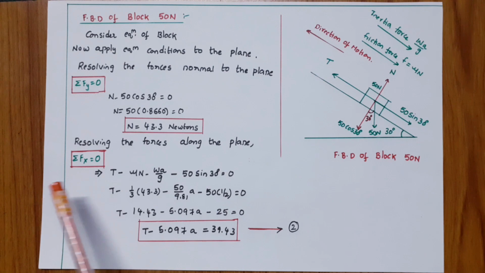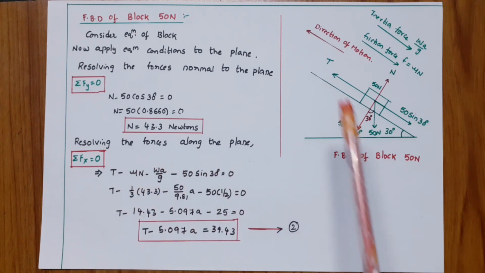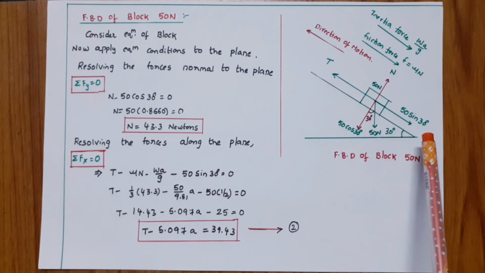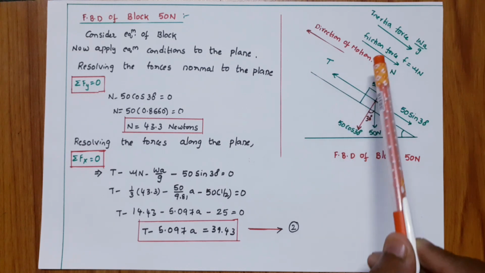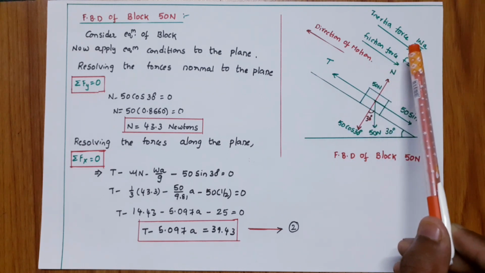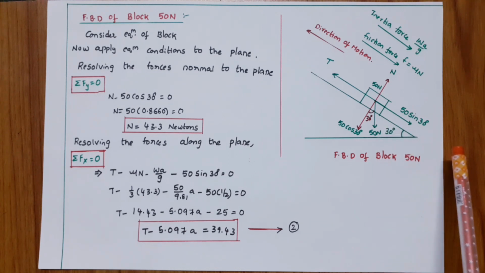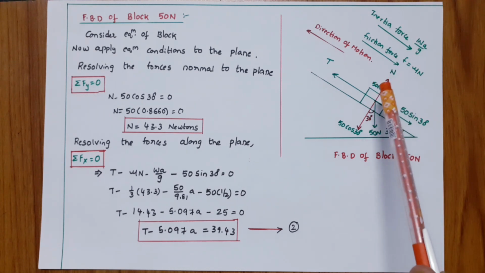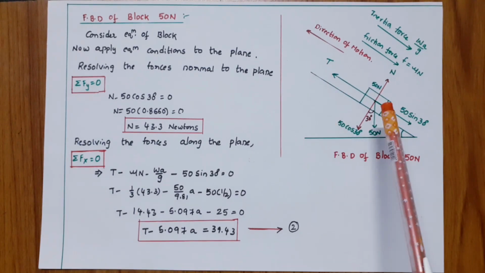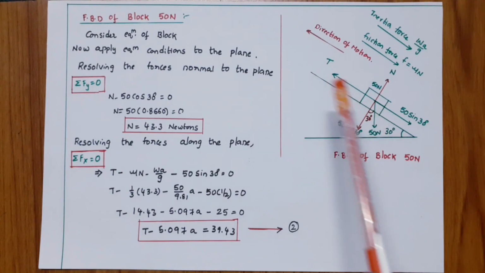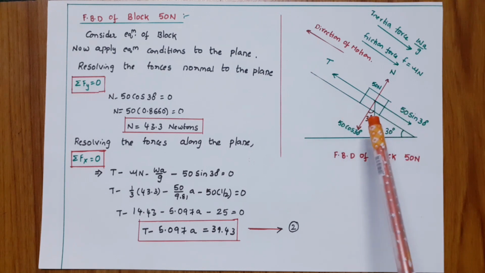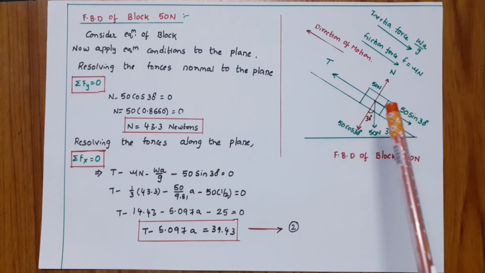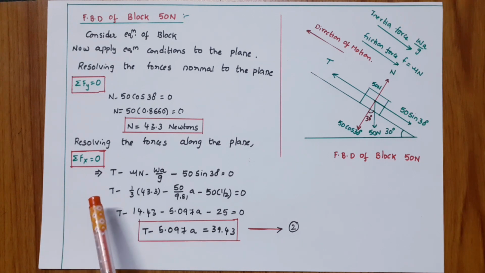Now resolving the forces along the plane. The forces along the plane are tension force, friction force, inertia force and 50 sin 30 degree. The forces acting in the direction of motion are positive. Tension is the force in the direction of motion, so tension is positive and all the remaining forces are negative. Tension force minus friction force minus inertia force minus 50 sin 30 degree equal to 0.